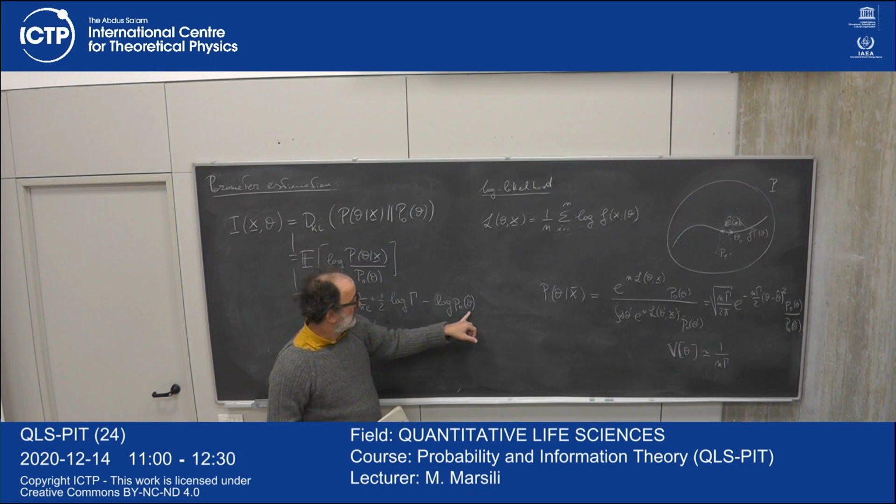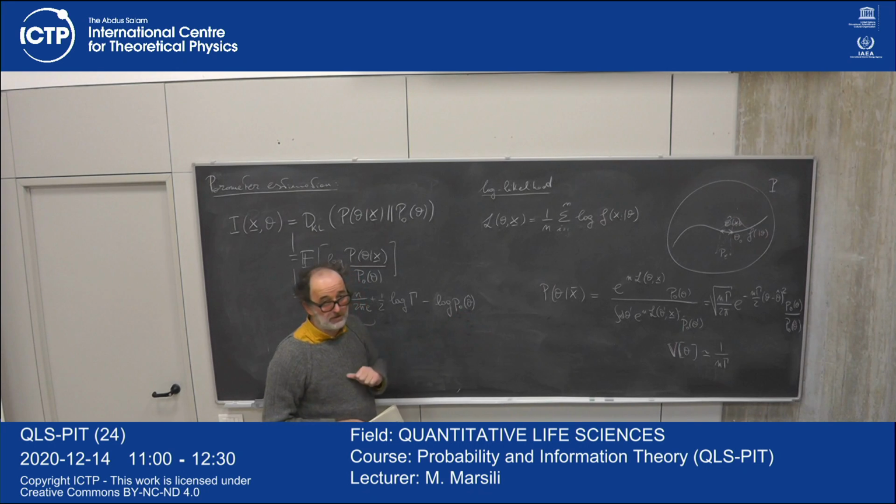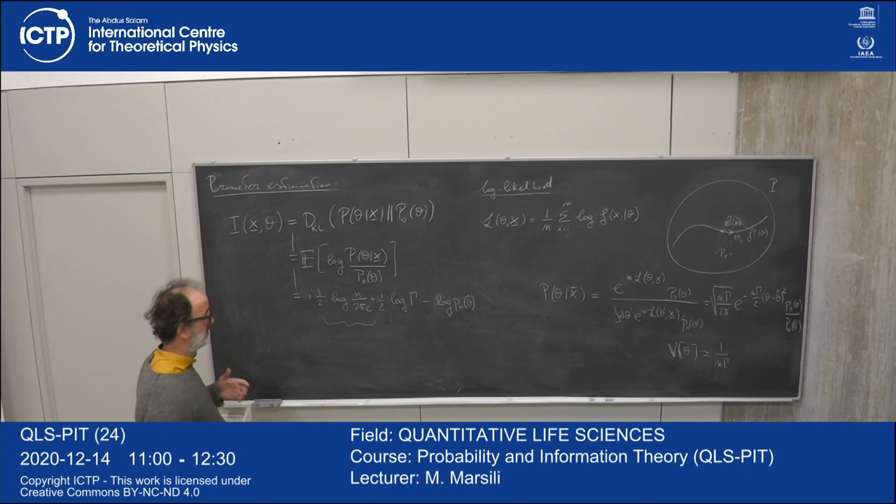But if your theta hat is likely, so if this initial probability is large, then you don't learn much. So this term tells you how surprising is the value of theta hat given your prior expectation, or your prior distribution.